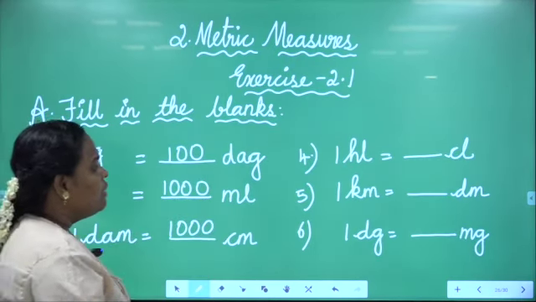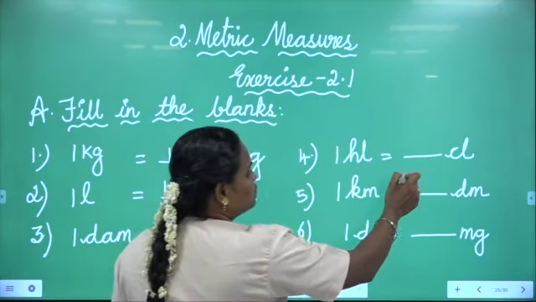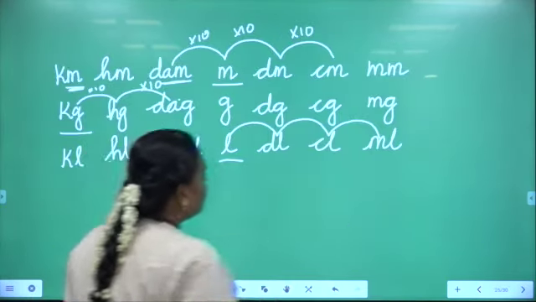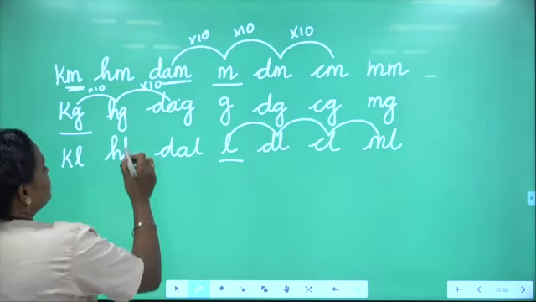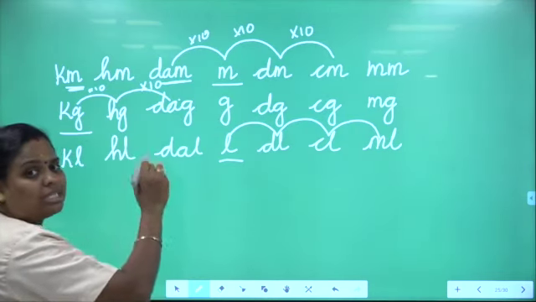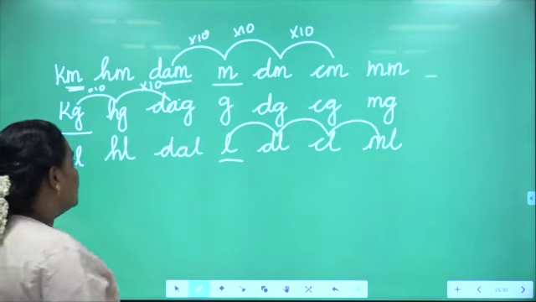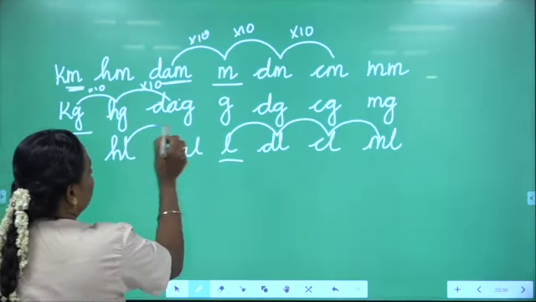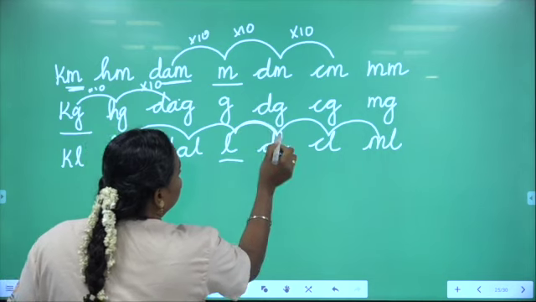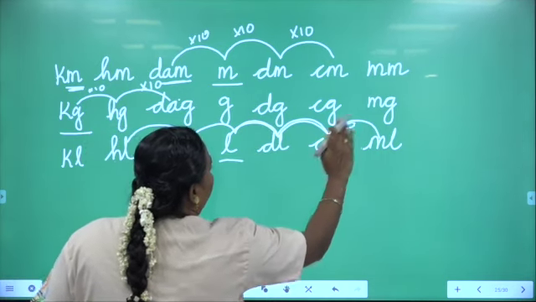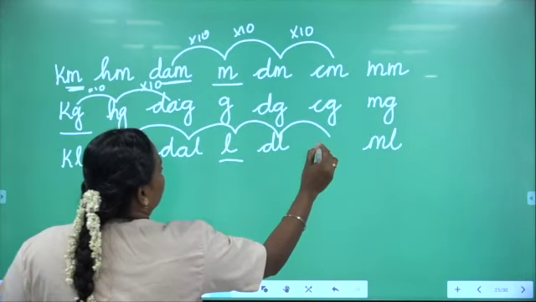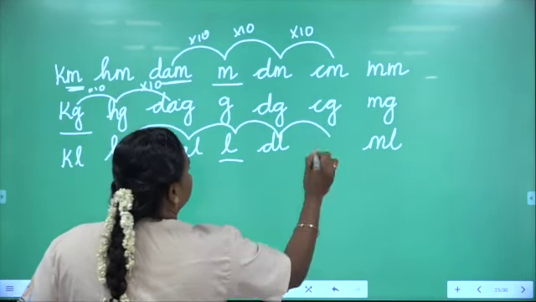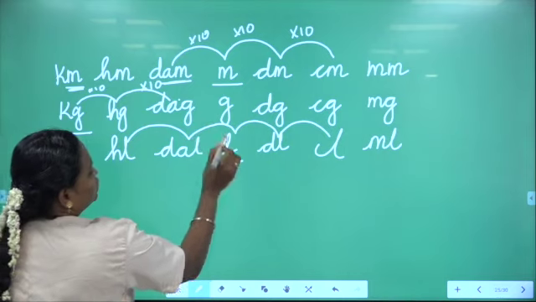Next one, 1 hectoliter equal to dash centiliter. So how will you convert hectoliter into centiliter? Listen, 1, 2, 3, 4.